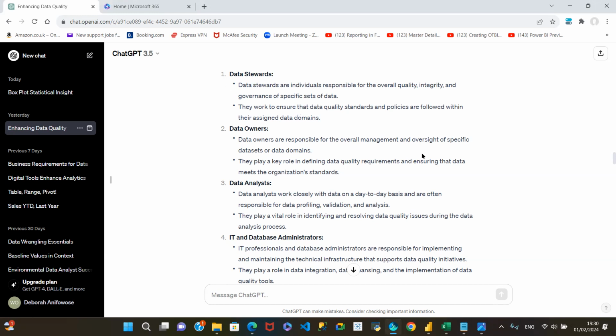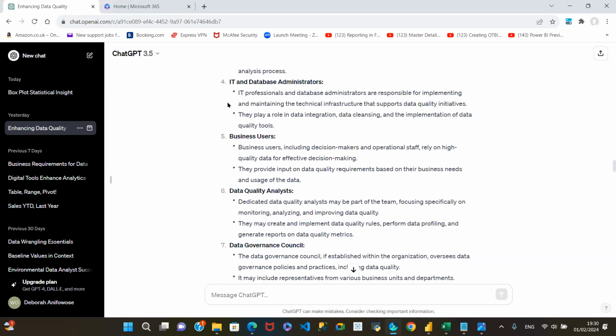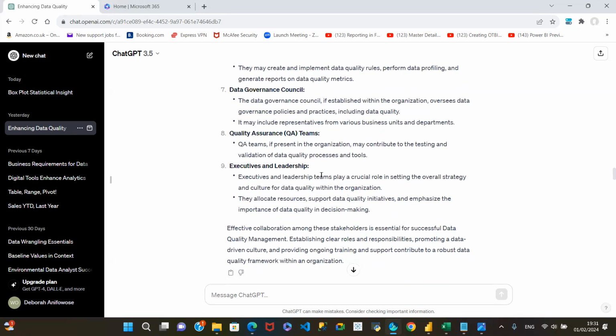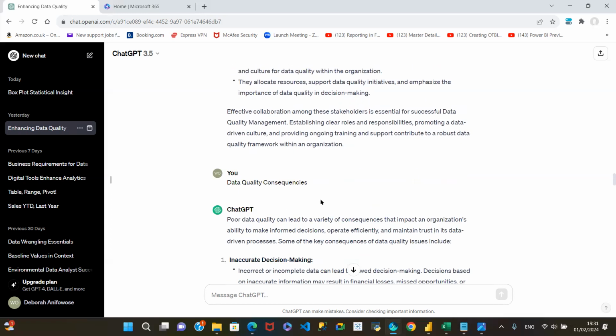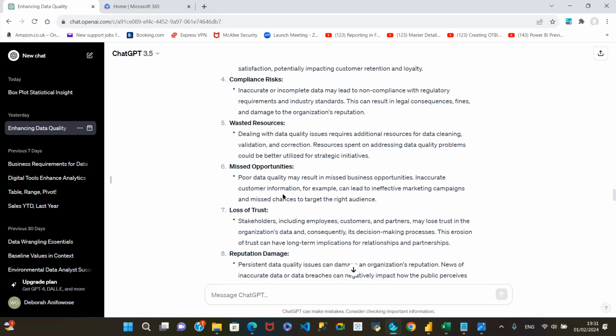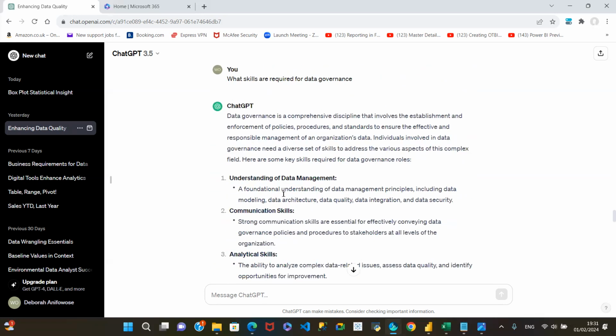But those who are directly involved are data stewards, data owners, data analysts, definitely data engineers, data scientists, IT and database administrators. All these roles are responsible for anything to do with data quality.